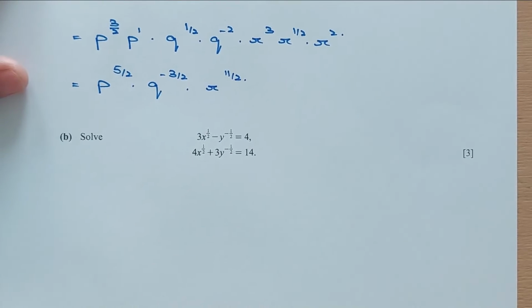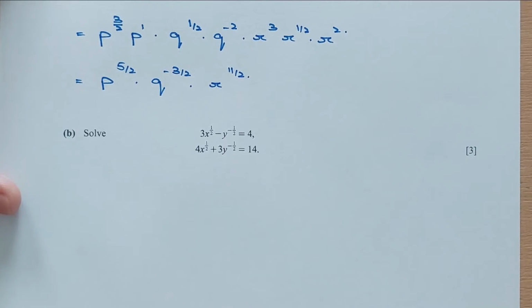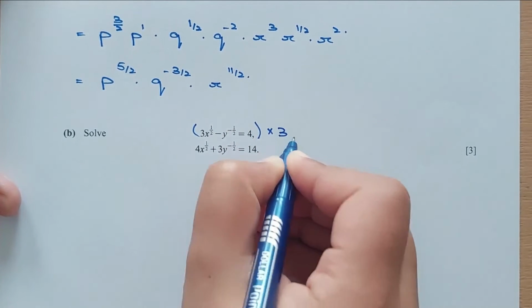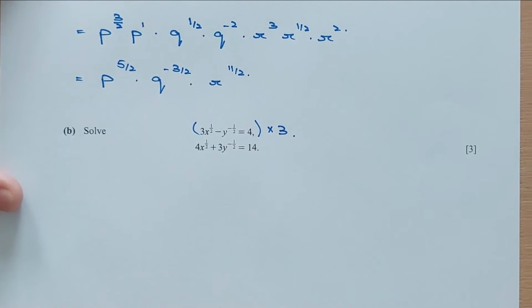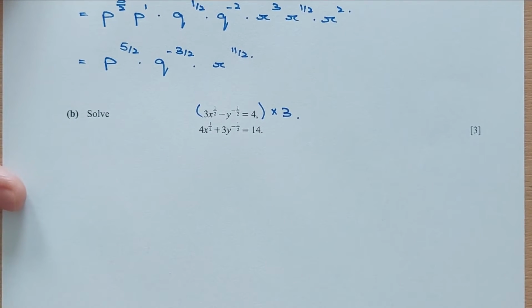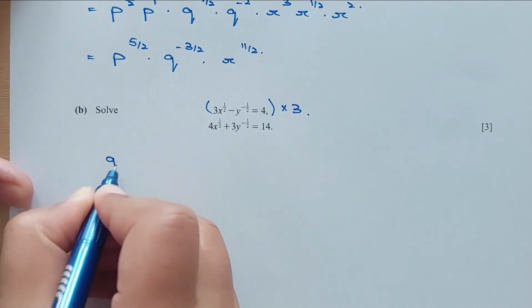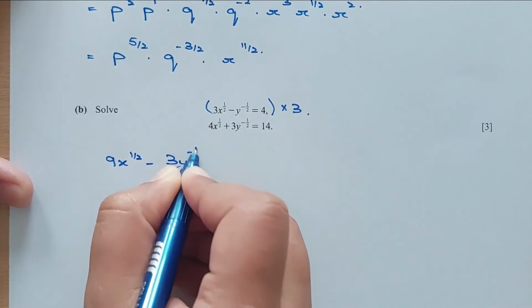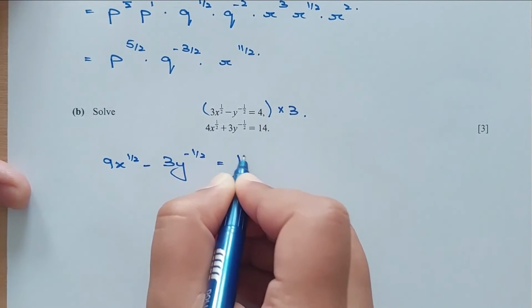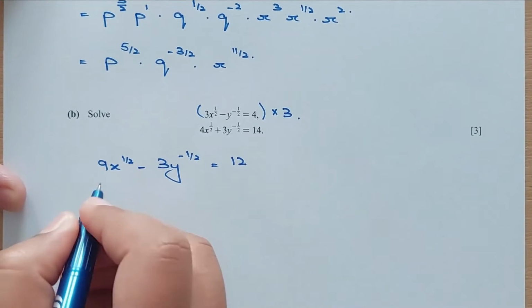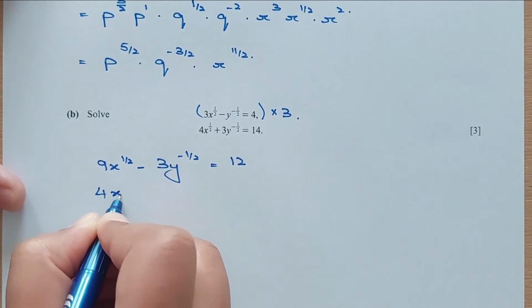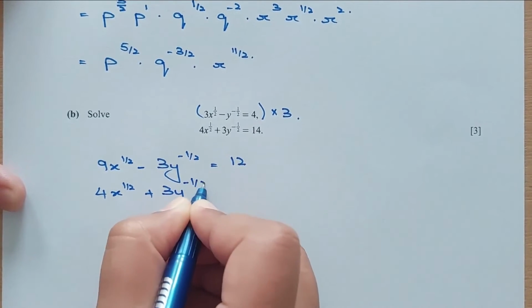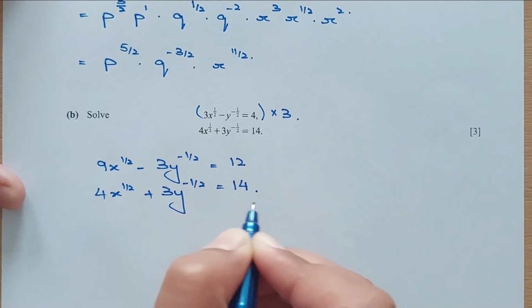Now for part b, we need to solve this equation, right? If I multiply the first equation by 3 and add it to the second equation, we can easily cancel the y. Yes, 3 times 3 is 9, 9x^(1/2) - 3y^(-1/2) = 12. 3 times 4 is 12, and the other equation is 4x^(1/2) + 3y^(-1/2) = 14, right?